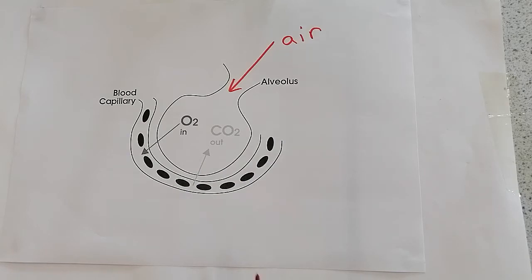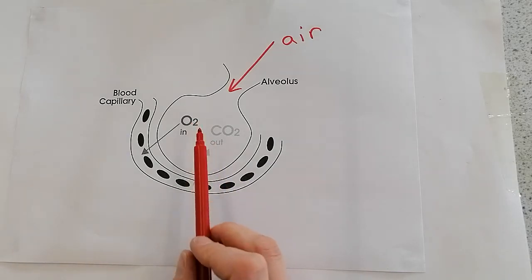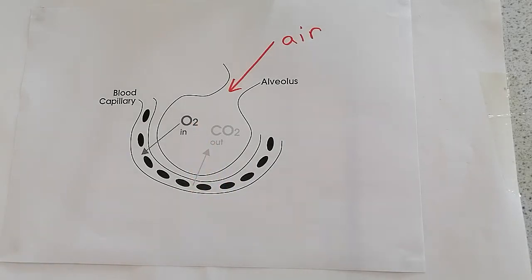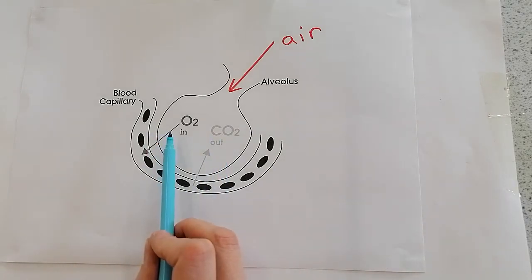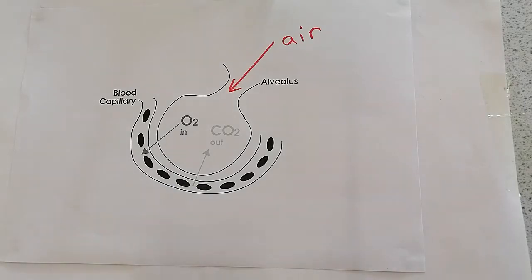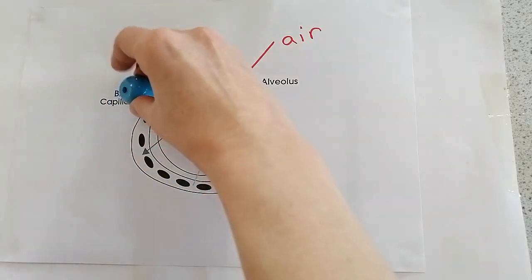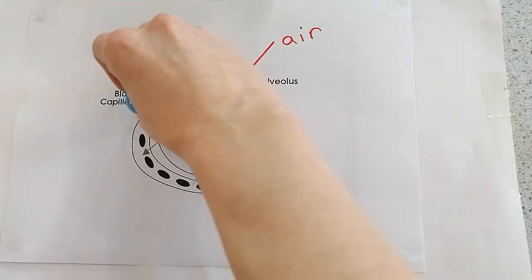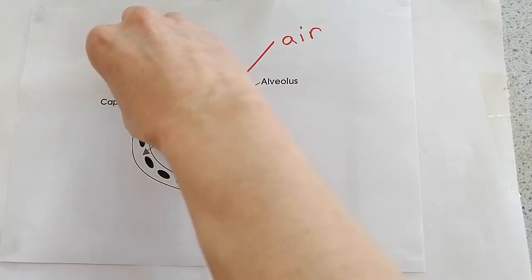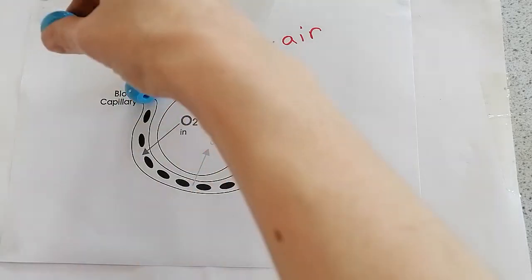What we want to happen is for exchange to take place. If you think about exchange at any other time, you swap things over. So in this case, we want to swap over carbon dioxide and oxygen. Respiration takes place in every single cell, and blood that has done respiration is going to be very high in carbon dioxide.